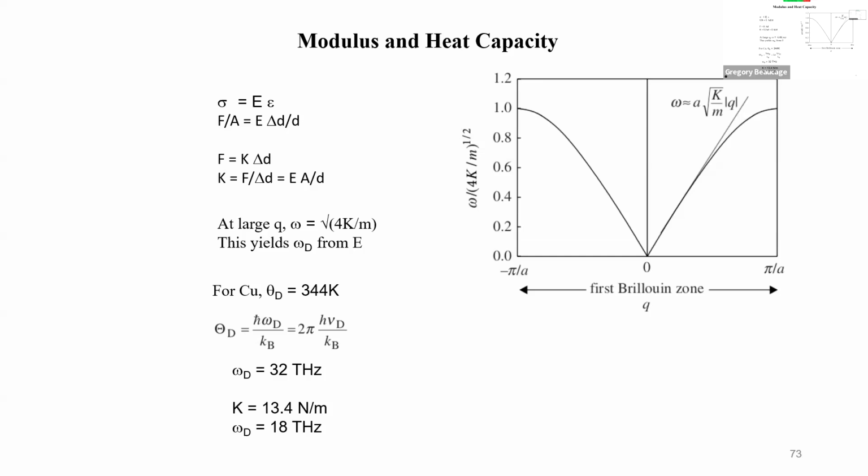And basically this just comes out of the idea that you can get the modulus from the linear part by the Debye dispersion relationship, and at the low end the modulus K is going to be like the stress-strain modulus.